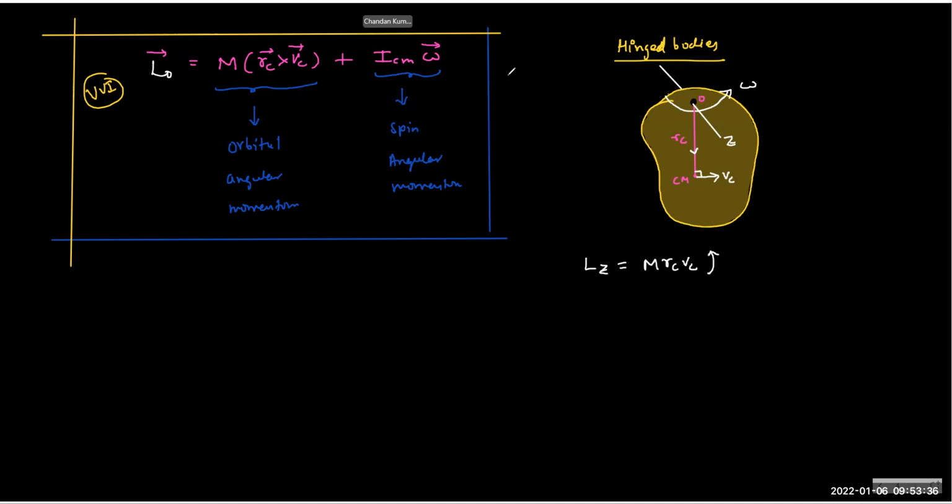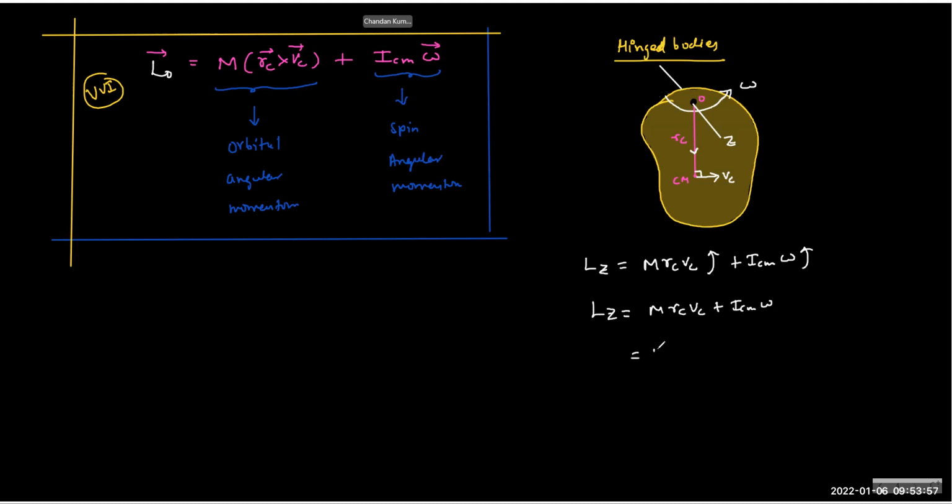So in a way, because the senses are the same, we can just add. And for every hinged body, both senses will always be the same. No need to worry. So I'm ignoring the arrow now.